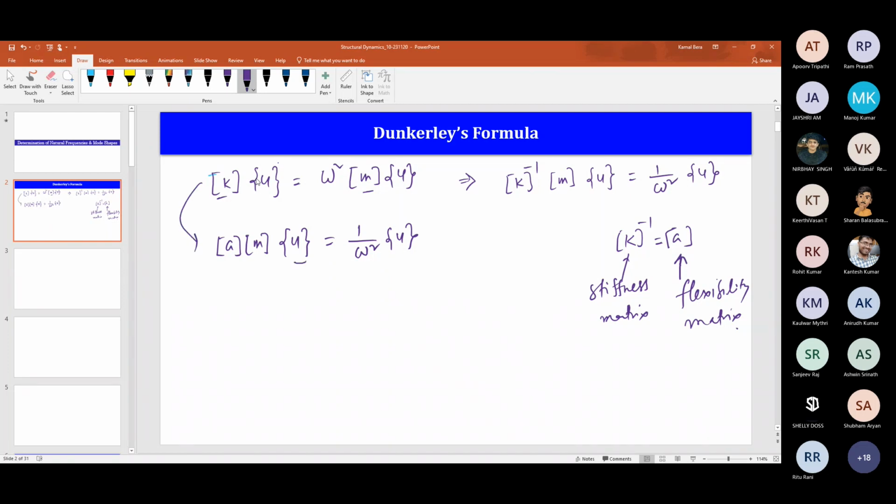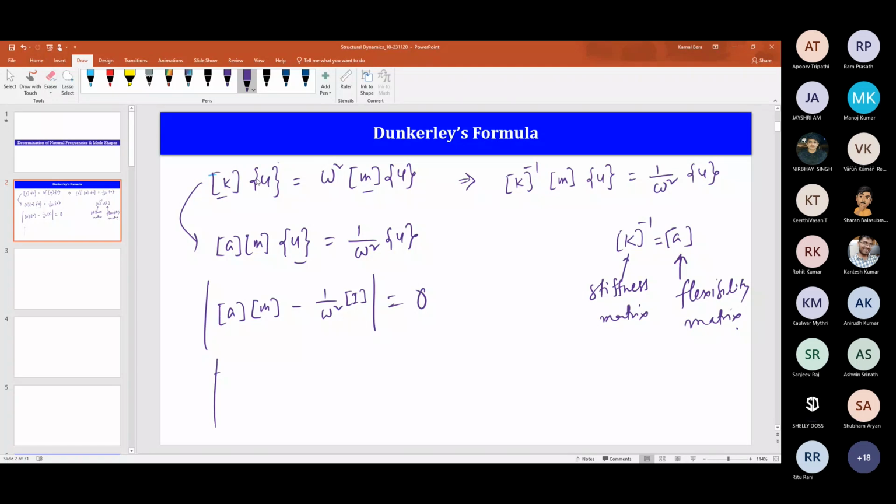So for a non-trivial solution of u, the determinant of the coefficient matrix, that means the determinant of A M minus 1 by omega square times an identity matrix, must be zero. Any issue with this? Fine. Let's say I have inverted my K matrix, and I am considering a 2 by 2 system.